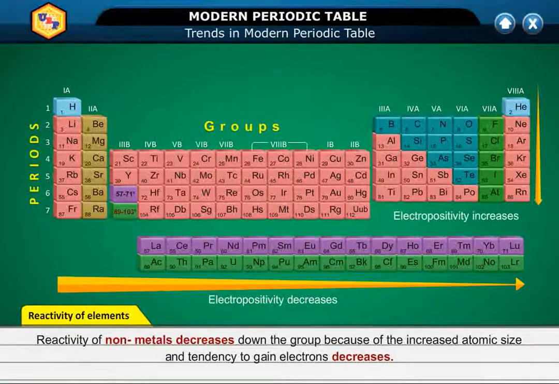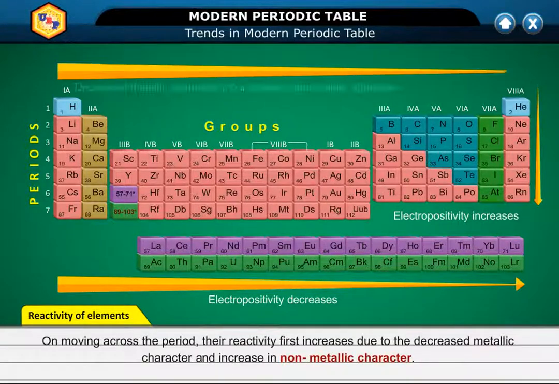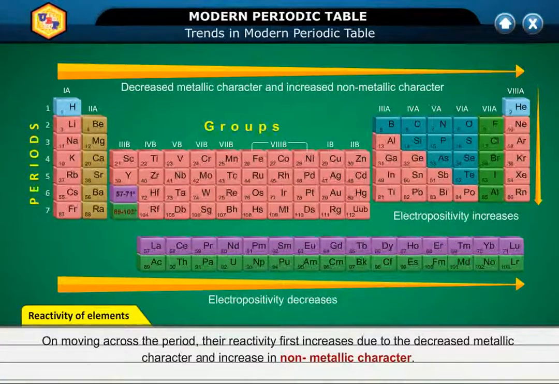Reactivity of nonmetals decreases down the group because of the increased atomic size, and the tendency to gain electrons decreases. On moving across the period, their reactivity first increases due to the decreased metallic character and increase in non-metallic character.